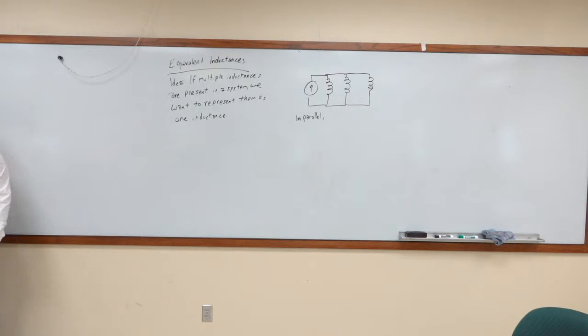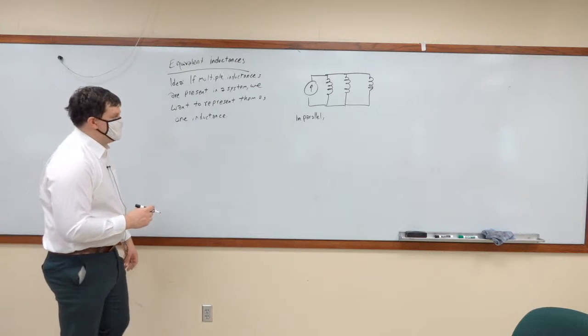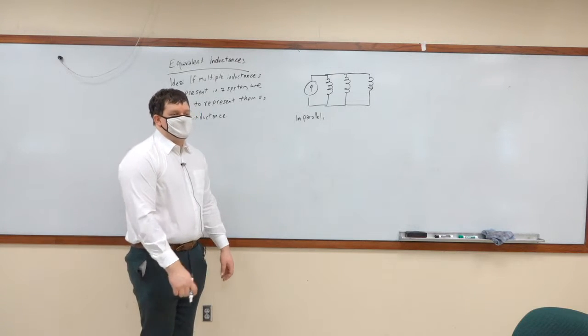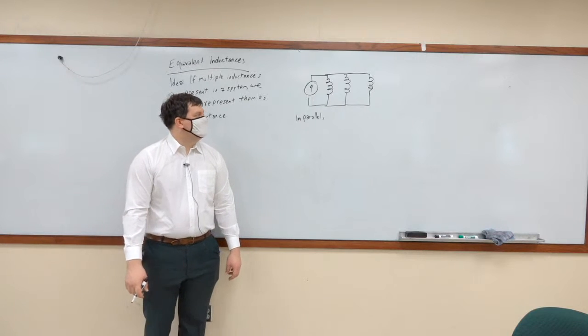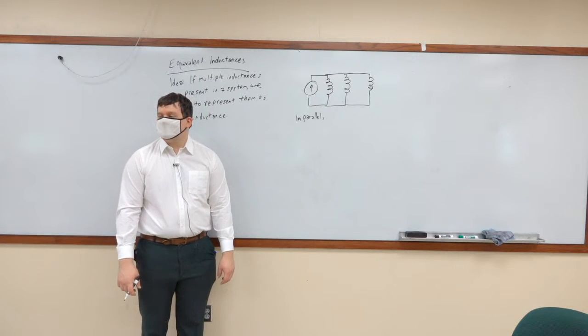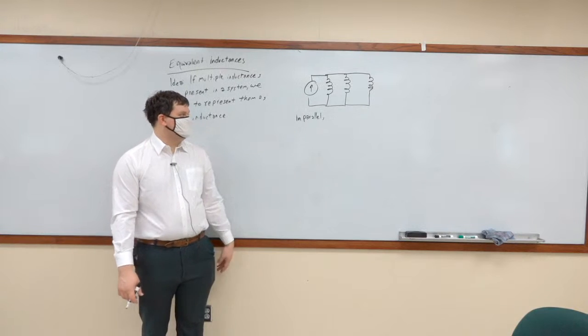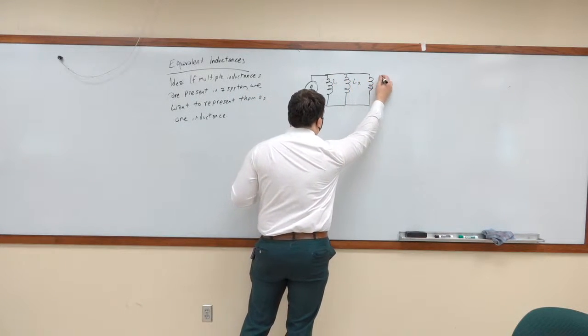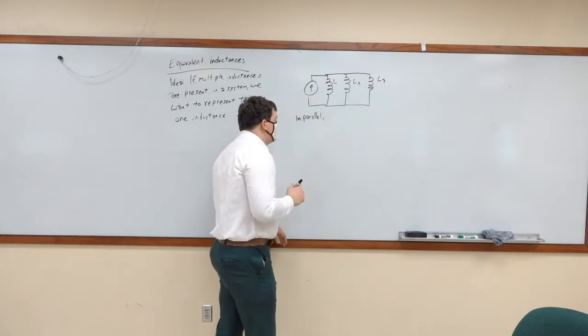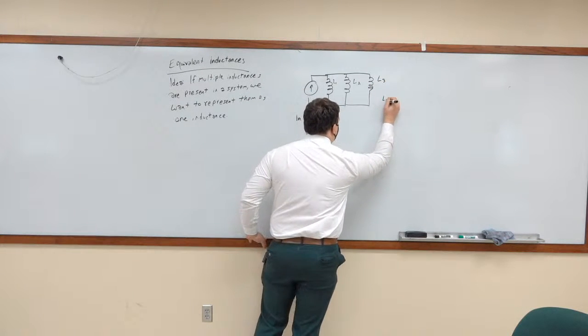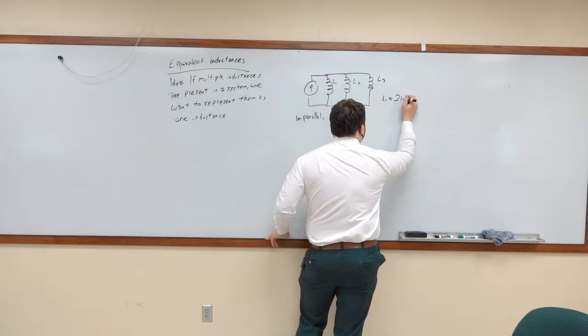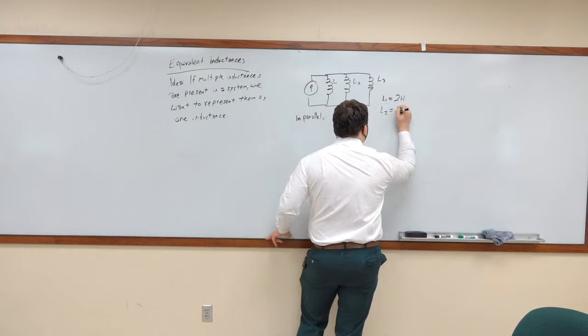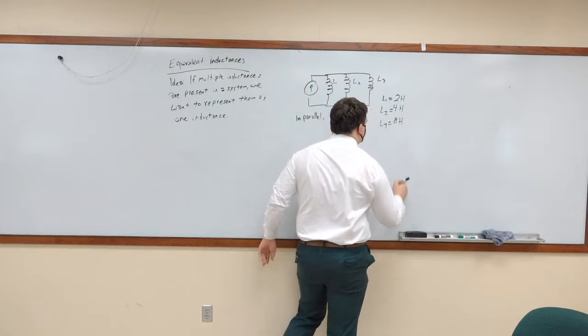What's going on there? Do these all have the same current? If I say L1 equals 2 henries, L2 equals 4 henries, and L3 equals 8 henries, do they all have the same current?